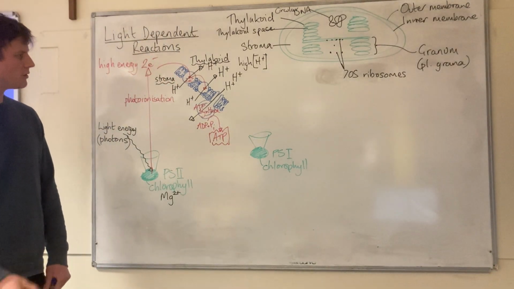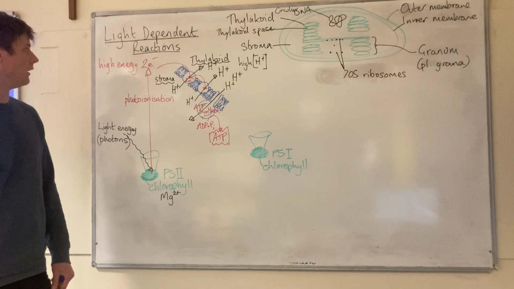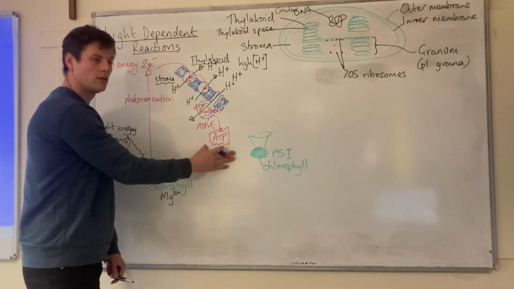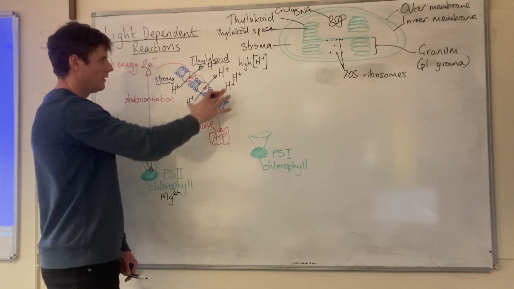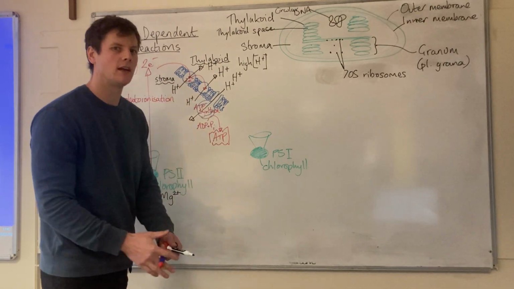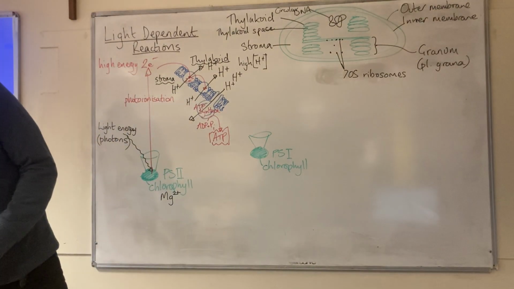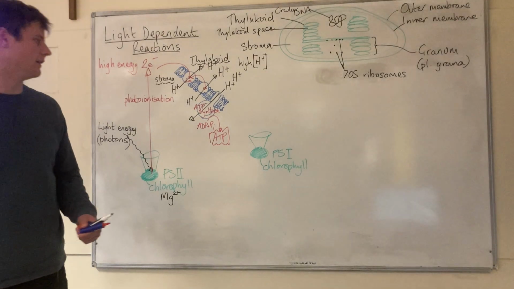So the first really useful product of the light-dependent reactions is this ATP, all by that chemiosmotic theory that's described on pages 17, 18 and 19 in the notes.